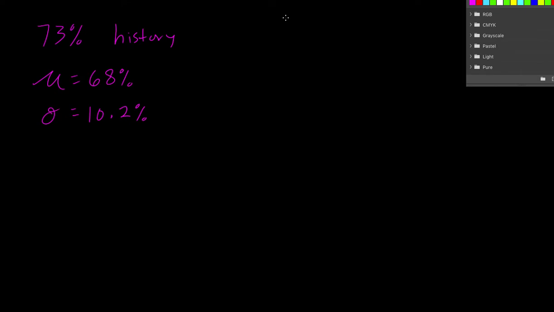In math, she scored 66%, where the mean was 62% and the standard deviation was 6.8. Now, in which subject did Kelly perform better compared with the rest of her class? Assume the scores for both subjects are normally distributed.